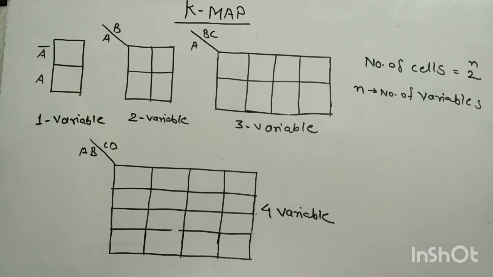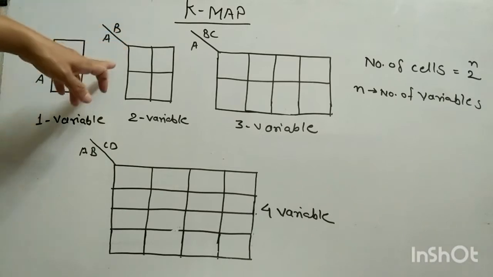The product terms are assigned to the cells of the K-map by labeling each row and each column with a variable, or its complement, or a combination of the variables and their complements. The meaning is that for one variable there are two cells, labeled A bar and A: one variable is complemented and the other is uncomplemented.